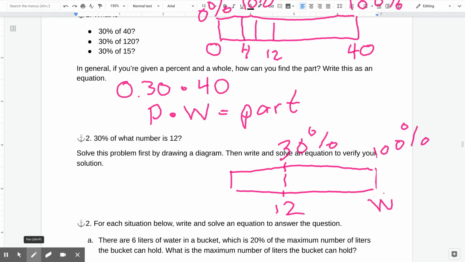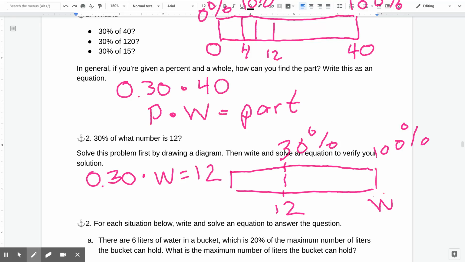So in my previous equation, I took the percent written as a decimal times the whole to get the part. And I can do that again here. So I can take 30% times the whole, which I don't know, to get the part, which in this case is 12.